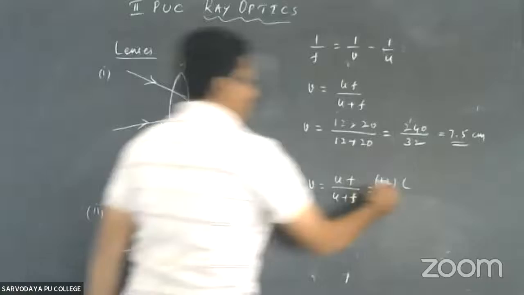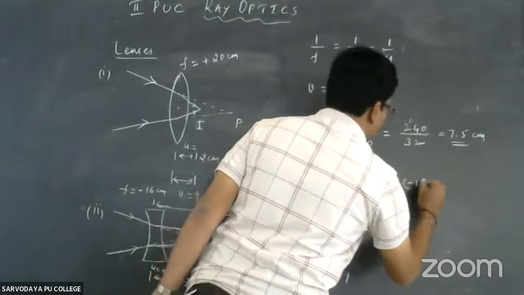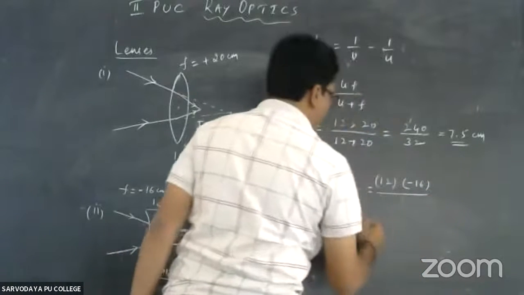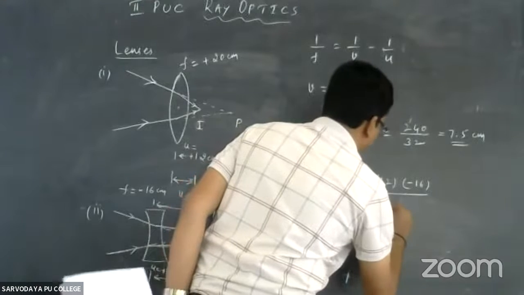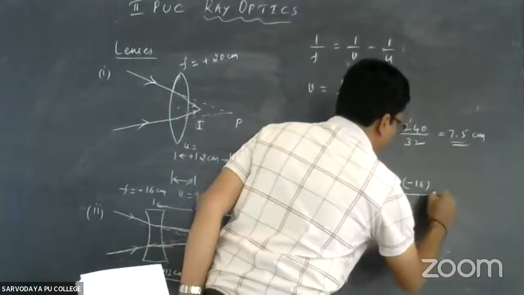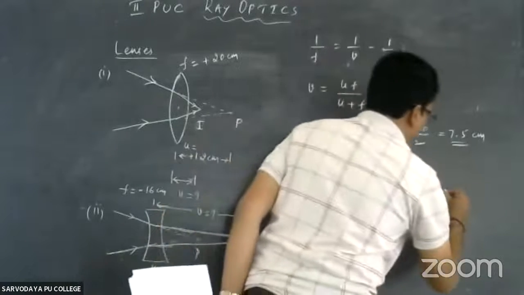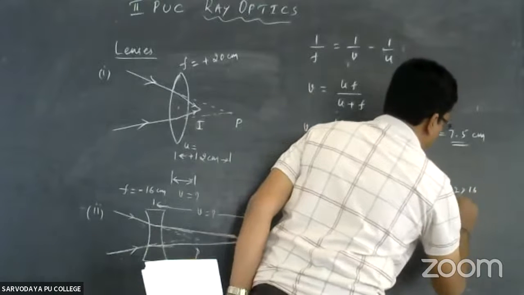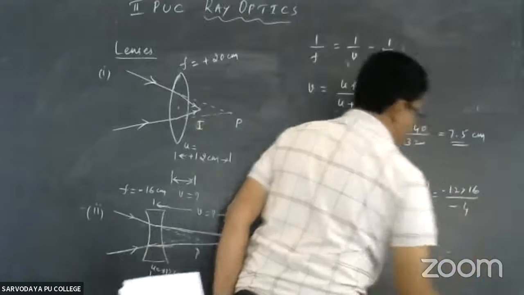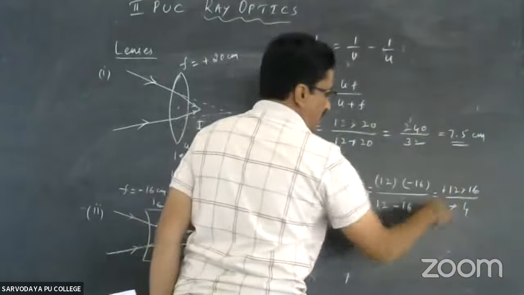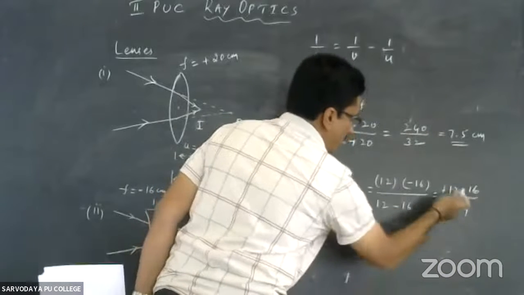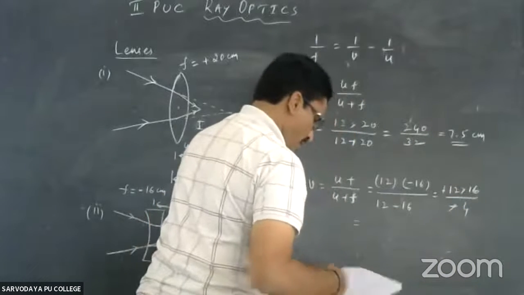And 12 into minus 16 divided by u plus f, that is 12 minus 16. Therefore, it is minus of 12 into 16 divided by minus 4. Therefore, minus sign cancels out. Therefore, it is 48 centimeters.